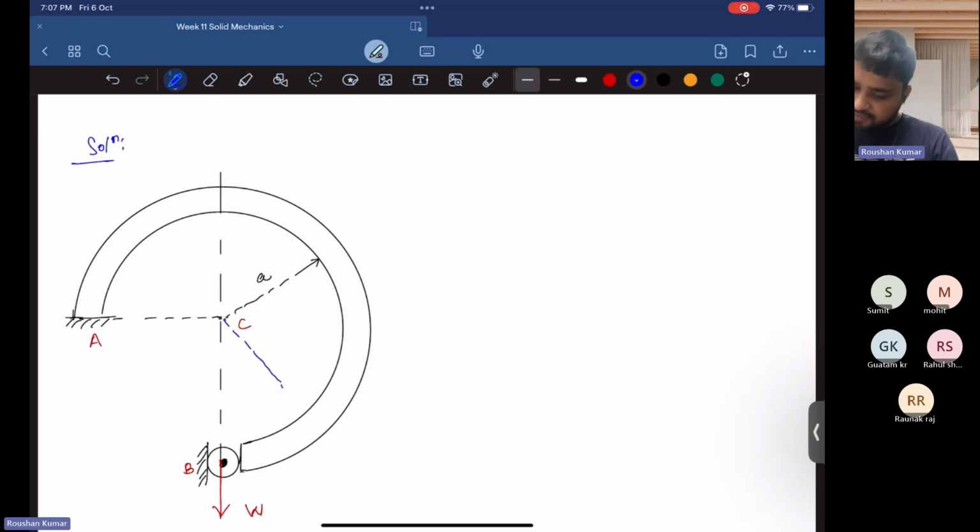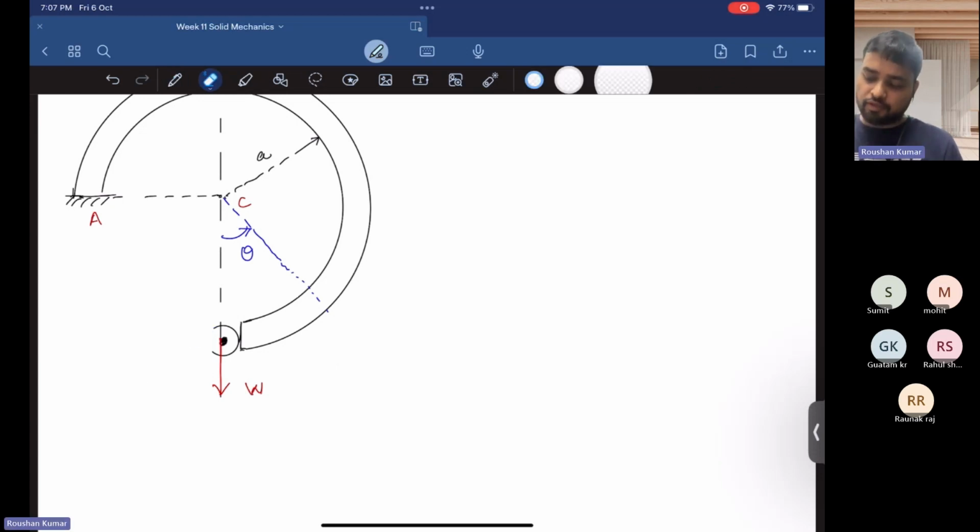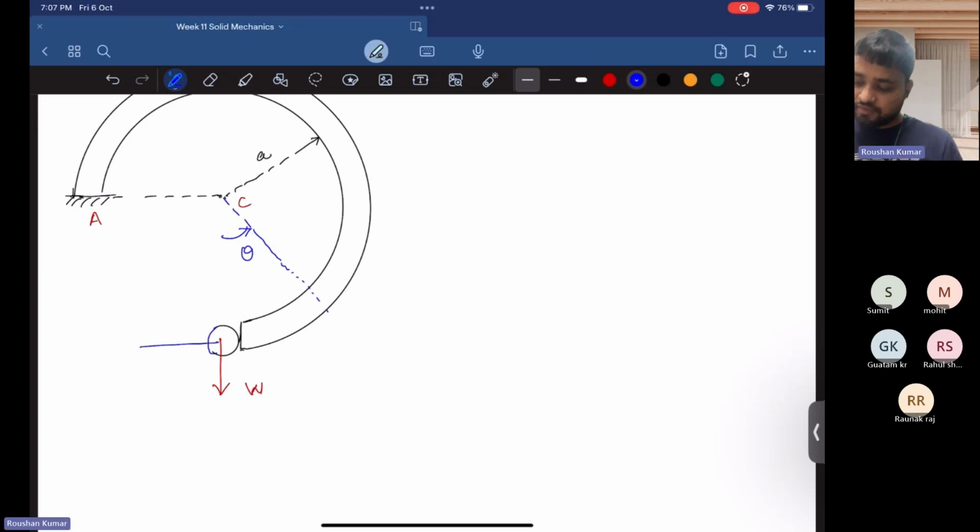Now suppose there is a section here at an angle theta, and we are solving the FBD for this problem. So this is a circular roller. Here there must be a horizontal reaction force. Why? Because there is a constraint. This point doesn't move in the horizontal direction. So there is a reaction force acting, RP.